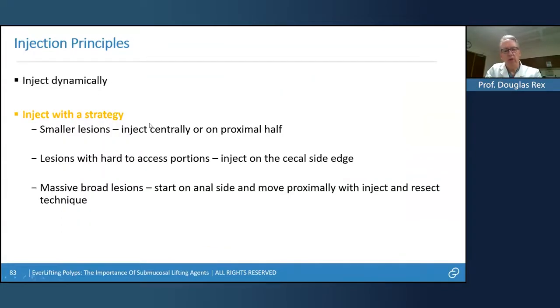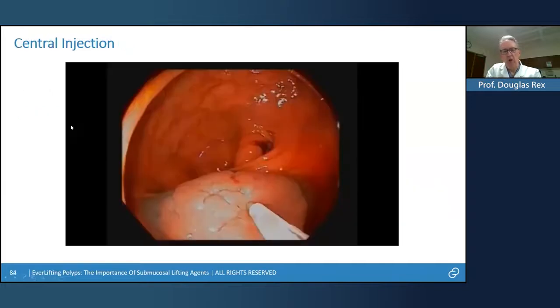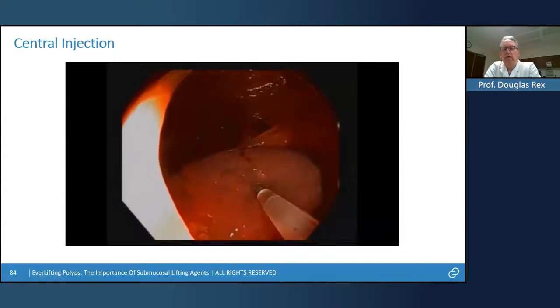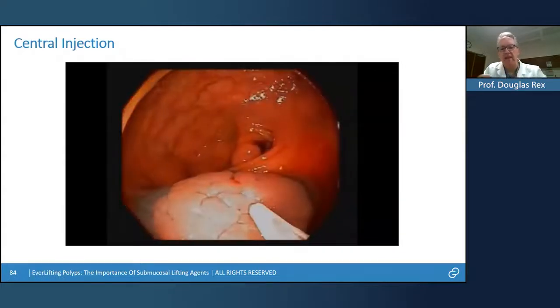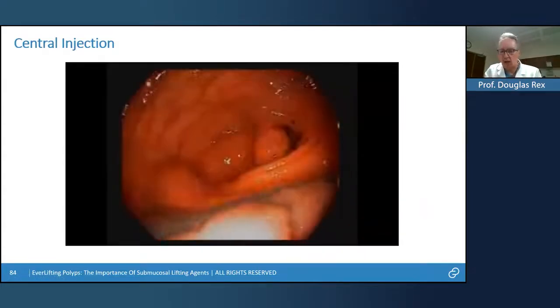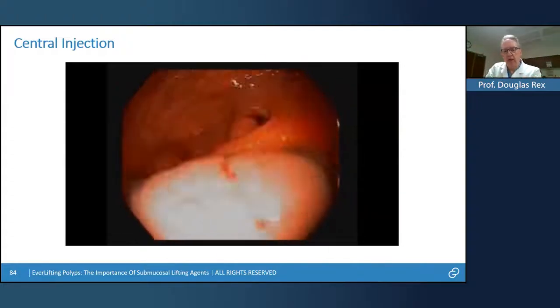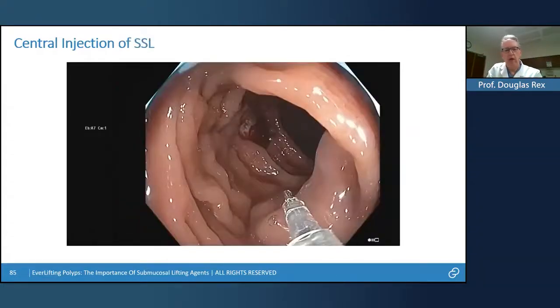And then we want to inject with a strategy. For a lot of smaller lesions, like this small adenoma, maybe 20 millimeters, it's best to inject right in the center of the lesion, right through it, so that the lesion ends up on top of a dome of fluid.